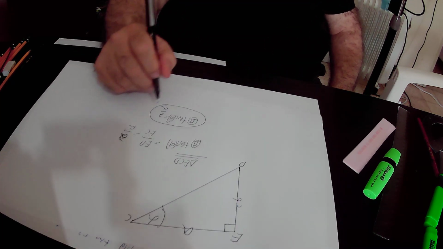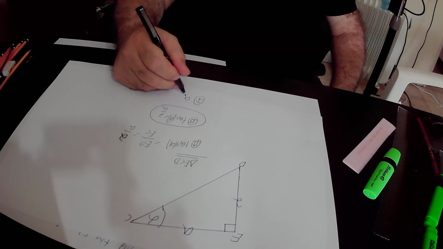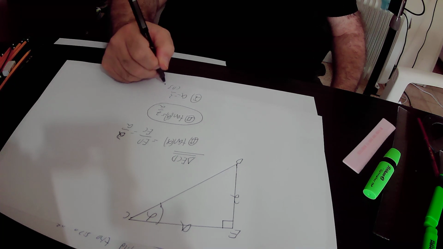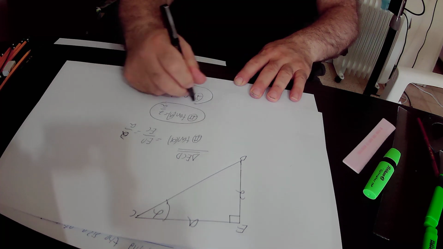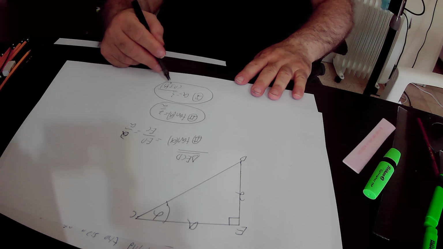But according to equation number 1, we've already found out that A equals 3 over cosine alpha. Now we can substitute A in equation number 2 by 3 over cosine alpha.